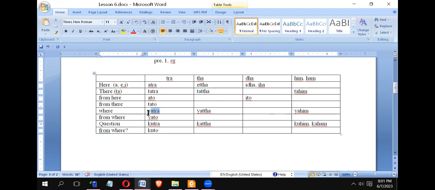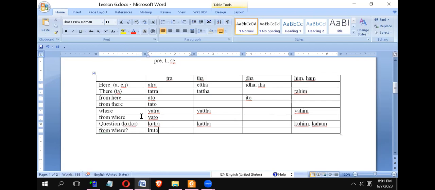Then the yatra we will explain later, with the tra, yatra, yata, yahim. And from where, yato. The question is kutra, just put the tra, k. Always remember in Pali, the question starts with k or ka, it's a k question. Kutra, kata, kuhim, kaham. Then that one, kuto.